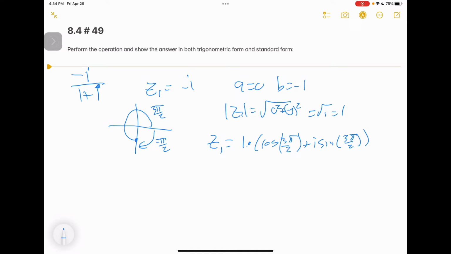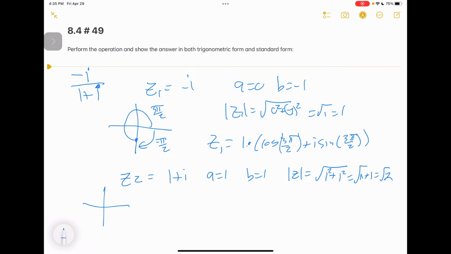And then our Z2 is 1 plus i, so a is 1 and b is 1. The magnitude is the square root of 1 squared plus 1 squared, which is the square root of 2. If we think about where that's located, 1 and 1 makes this point here.